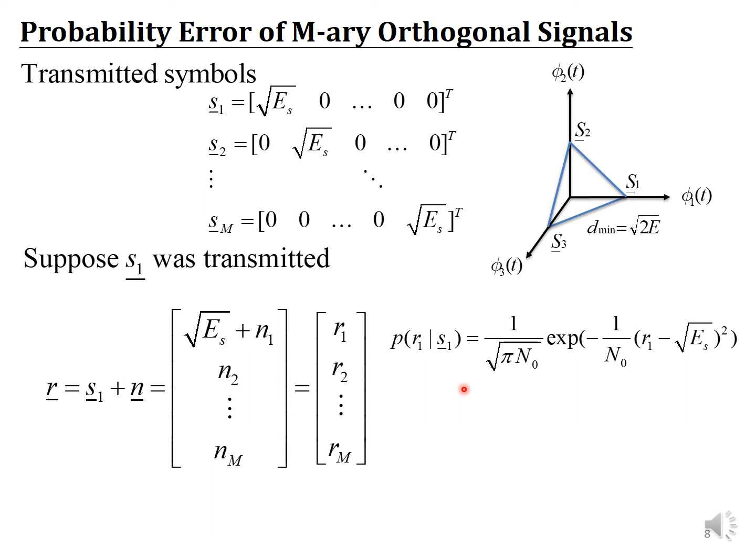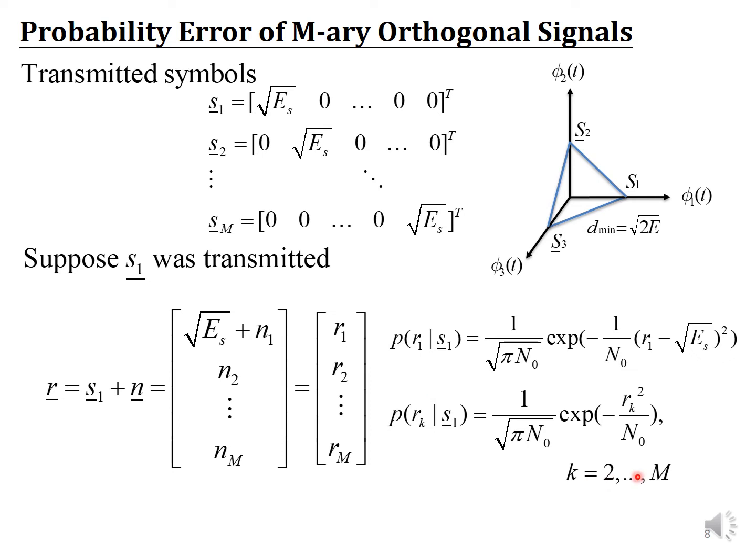So the conditional probability of the first component R1, given that the vector S1 was transmitted, is a Gaussian distribution with mean equal to the transmitted signal, square root of Es, and the variance of N1.